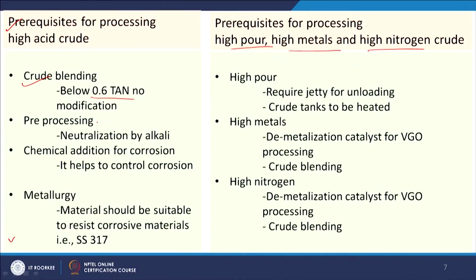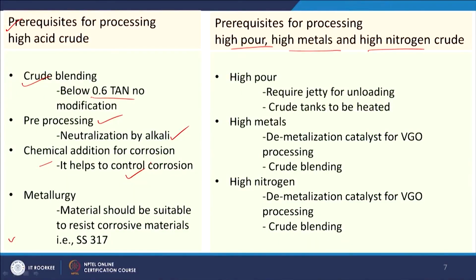And then pre-processing: if TAN is there, so acid is there, you have to neutralize it first before sending it to the refinery. So, neutralization by alkali is required, and then chemical addition. We may add some chemical to reduce the corrosive nature of the feedstock, and we need proper metallurgy also, because it is having high acid.